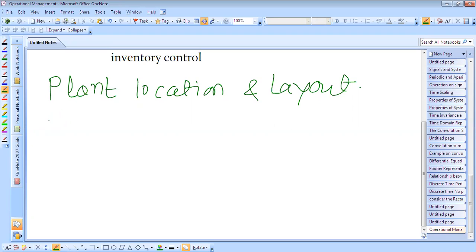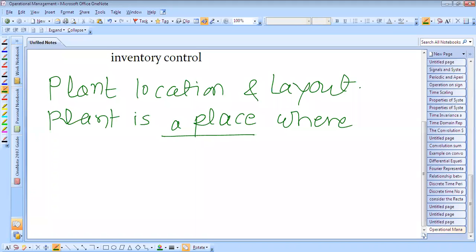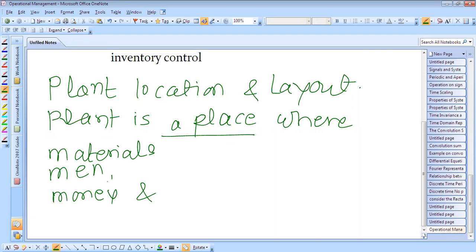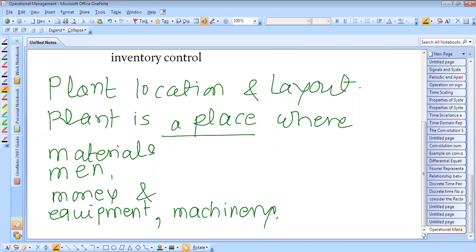But as far as the general definition is concerned, a plant is a place where material, man, money, equipment and machinery, etc., are brought together for manufacturing products.